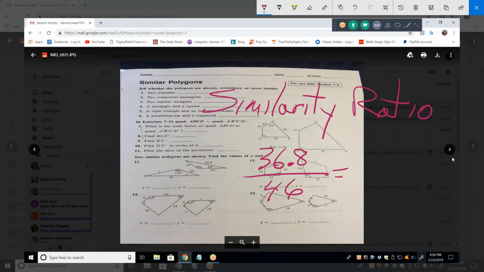Now, I have to admit, you're not wrong. You can do these multiple ways, but I think for clarity's sake, you always want to do the corresponding sides. Okay? I'll say a little bit more about this after we finish the problem. But, okay, so what goes in the denominator on the right side?